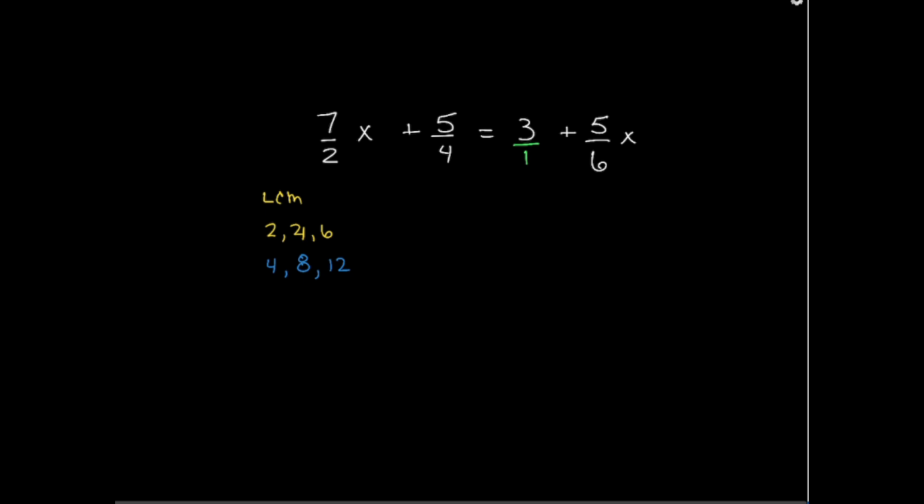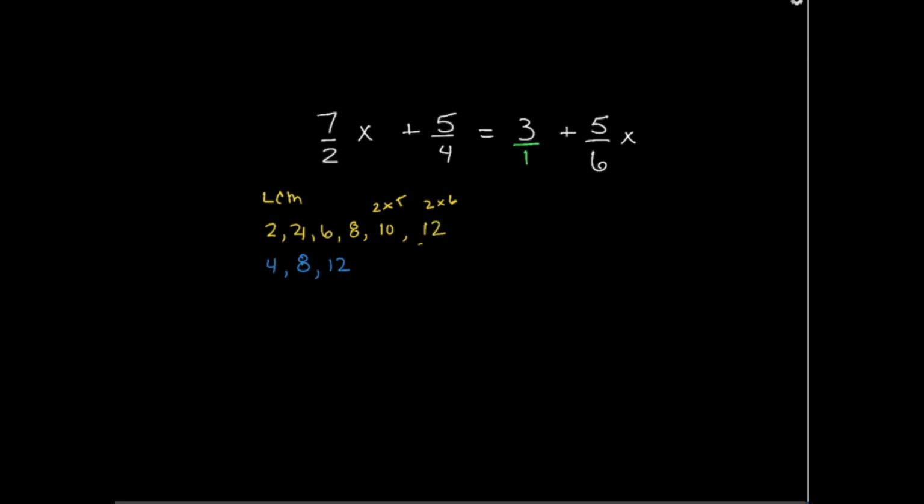So 2 times 3, 2 times 4 gives me 8. 2 times 5 gives me 10. 2 times 6 gives me 12.